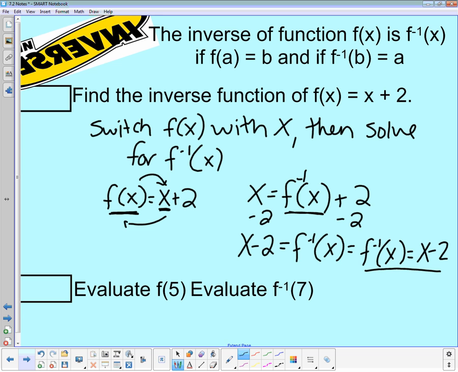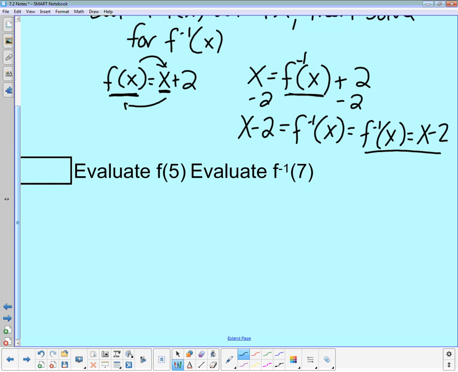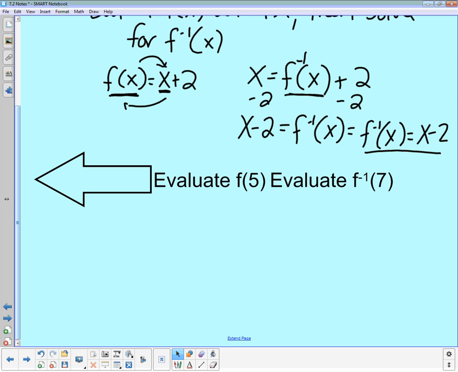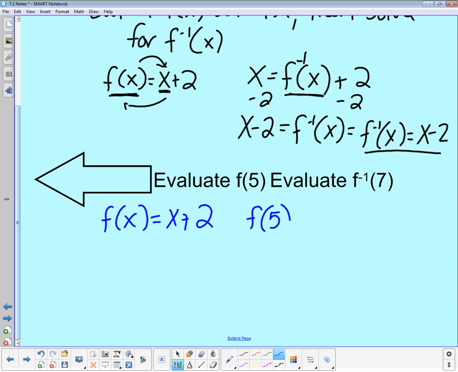All right. For our next example, we evaluate f of 5 and then evaluate f inverse of 7. Our f of x is equal to x plus 2, which we knew from up above. For f of 5, we plug 5 in for x, so 5 plus 2 is equal to 7.